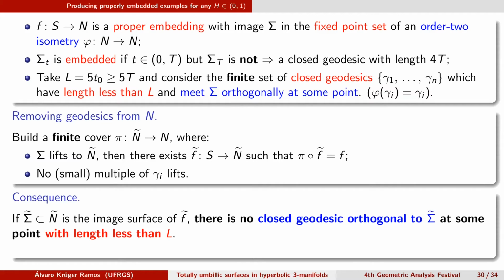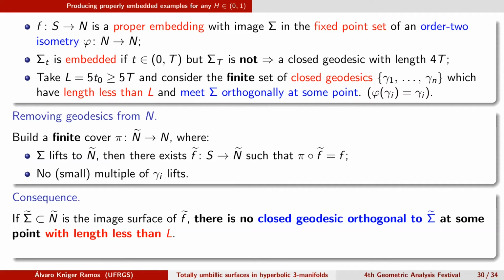Okay, the consequence from this, if we can find this finite covering, is, as I said before, we have a totally geodesic surface in your new hyperbolic trimanifold of finite volume, because this was a finite cover, so the volume of N tilde is just a finite multiple of the volume of N. So we have a totally geodesic surface in that other manifold. It's in the fixed point set of an order 2 isometry, which is the lift of this order 2 isometry.